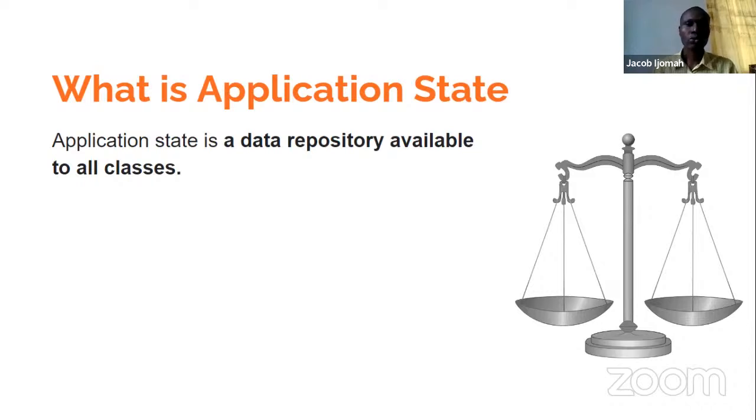So in application, it plays an important role, giving an application a sense of ability to remember from one event to the other as users interact with the application. So application state is just a data repository available to all classes. Of course, in a complex enterprise app, there's a lot of classes, a lot of components inside the application, and those components need data.